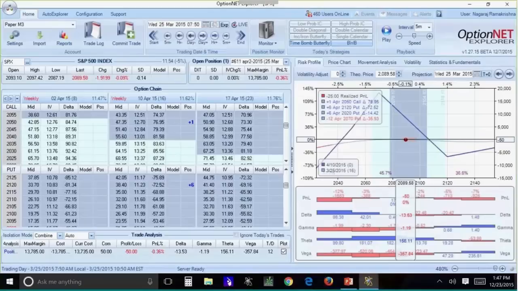Okay, this was adjusted by moving the butterflies down on the 26th. So let me step through the trade each hour.